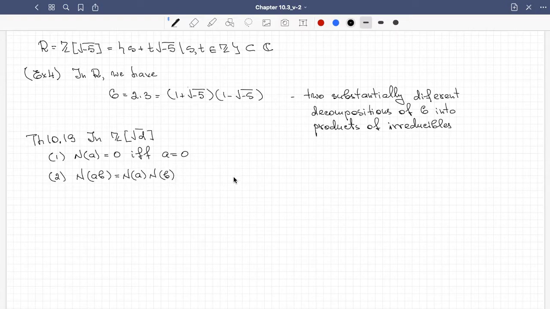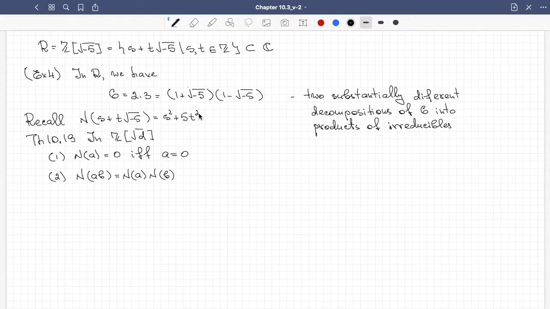Recall that the norm itself is defined as norm of s plus t root of negative 5, any element from this integral domain, is s squared plus 5t squared.